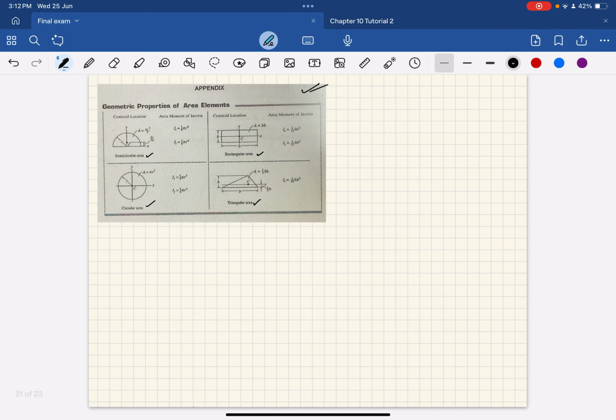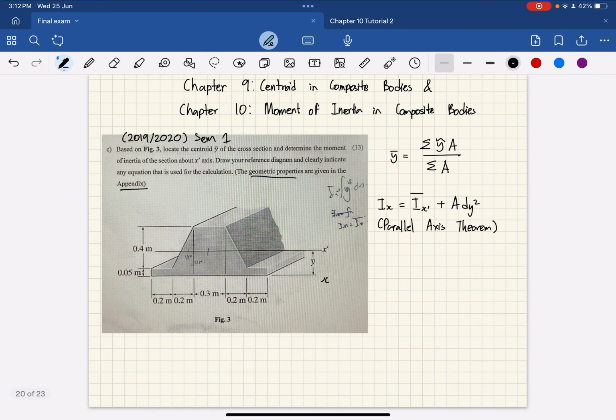Before we do that, we have to draw a reference diagram. So I'm going to draw a simple reference diagram right here. It's x and y.